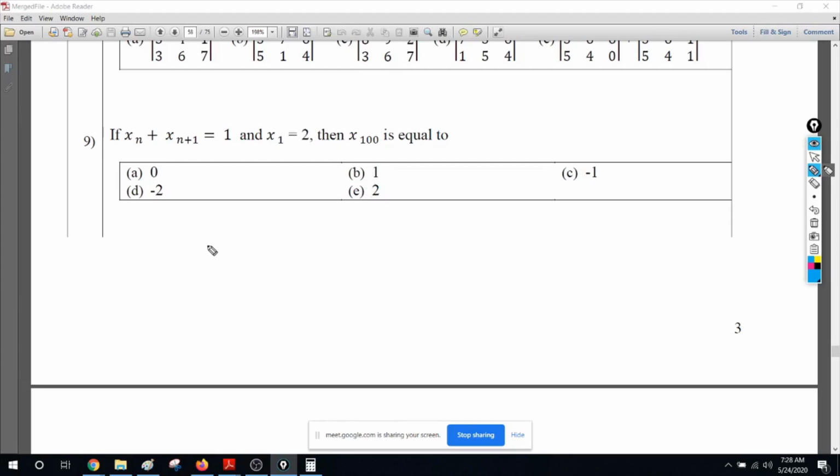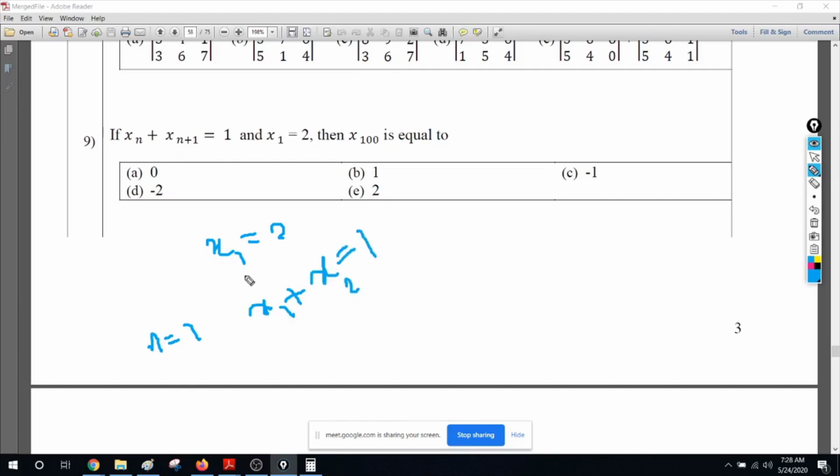So therefore, they have given x1 as 2. Now we are going to use this one, right? So let's say n equals 1. In that case, x1 plus x2 is 1.